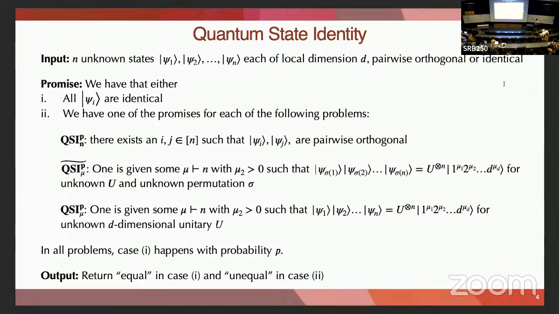The second case is a bit more tricky, so we want to be very precise about what we mean by non-identicalness. In one case, what we know is only that there exist some indices for which the states are pairwise orthogonal. This is, so to say, maybe the most agnostic way to formulate this.